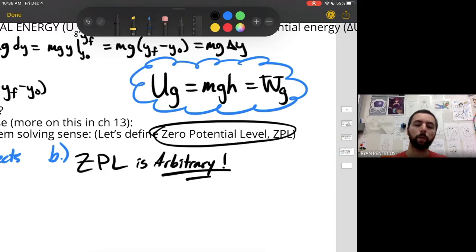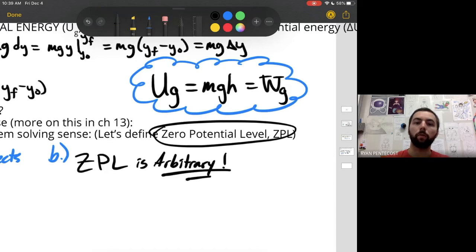You probably want the problem to be as easy and as fast as possible, because in physics we usually have to prepare for some kind of exam, like the AP test, and you don't want to spend all day because you put the ZPL in the wrong spot and now the problem is harder than it needs to be. So it's arbitrary in the sense that the math will work no matter where you put it, but it is not arbitrary in the sense that there is a right and a wrong spot, because we all have goals in mind, and it's not to do one physics problem all day.